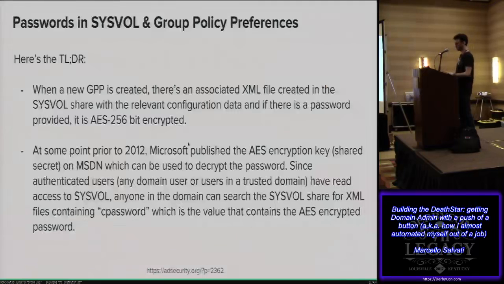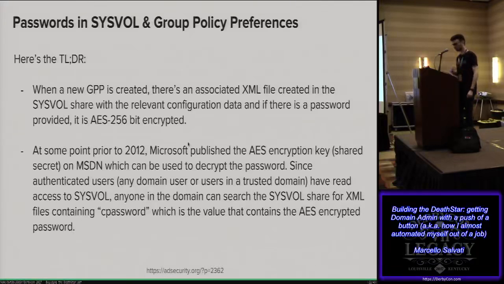Domain privilege escalation usually comes in the form of Kerberoasting or group policy preference files. DeathStar just tries to use the old-fashioned group policy preferences password vulnerability.